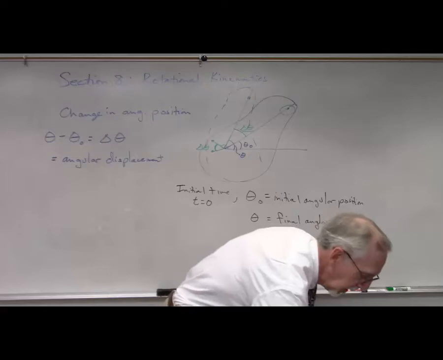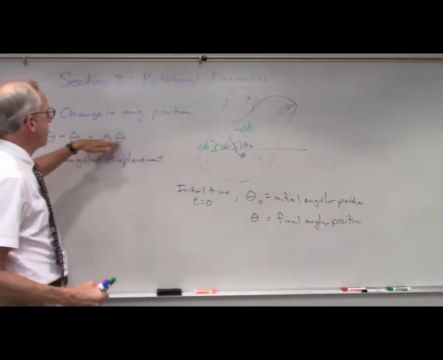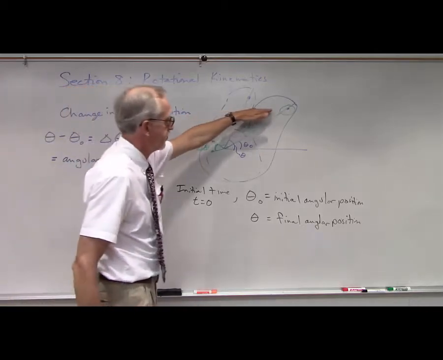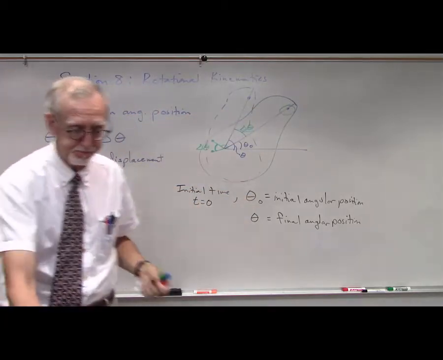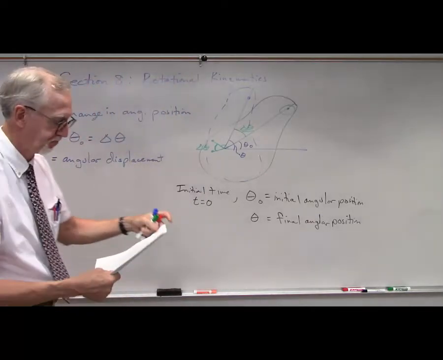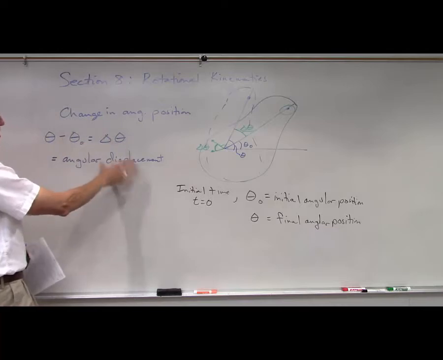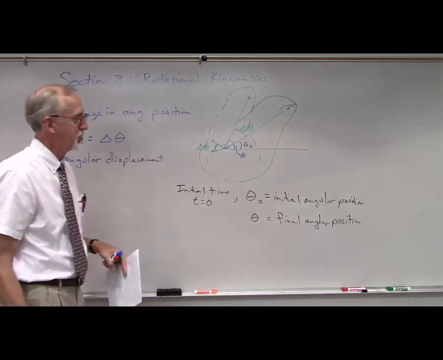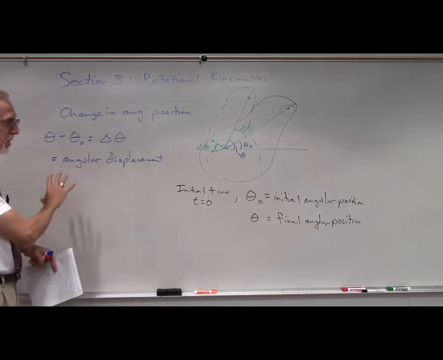So, delta theta is going to be a very useful quantity because it is independent of the reference point, while both theta naught and theta do depend on the reference point. Okay, so we've got the angular displacement of our object. Angular position, initial and final, and then the angular displacement.